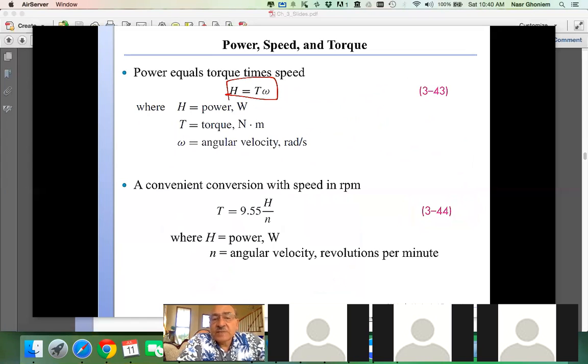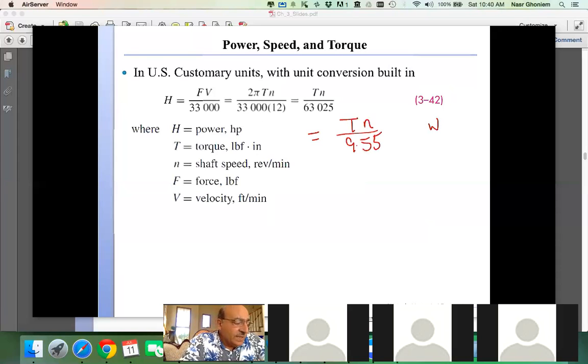Here, the horsepower is like power, and then the torque and the angular velocity are given in the basic units. If we're using basic units, the power has to be in watts, torque in Newton meter, angular velocity in radian per second. But in practice, we don't use these units.